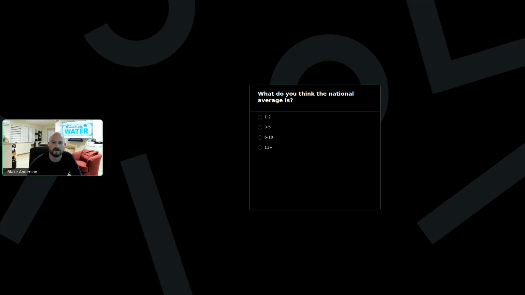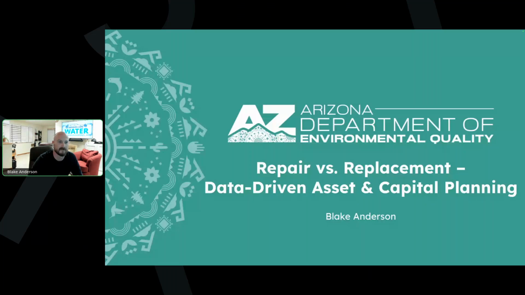Very cool. So have some trickling in here. Last few seconds. All right, Bram, that should cover it. It looks like 3 to 5 is the majority winner. All right, well, let's dive in.